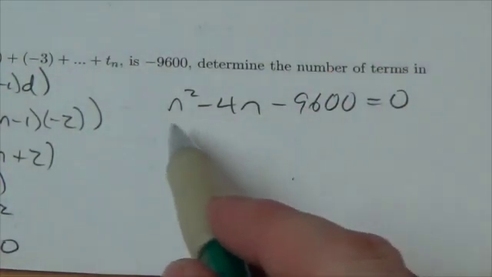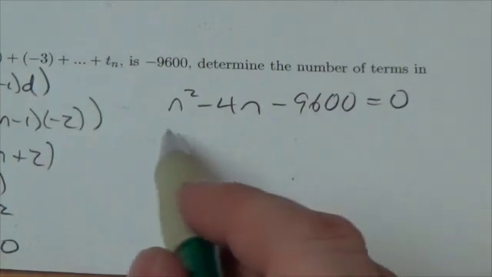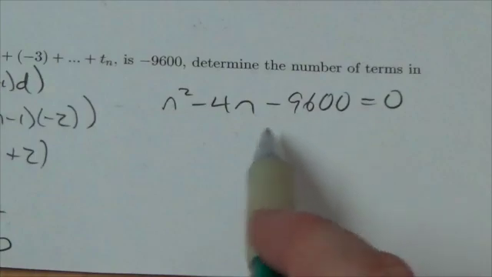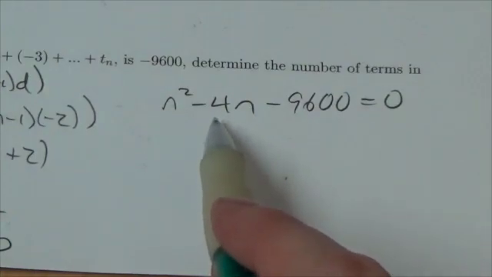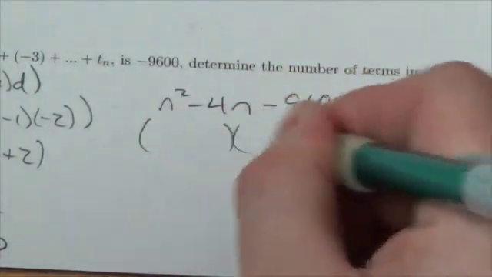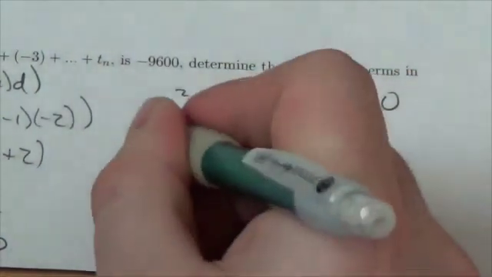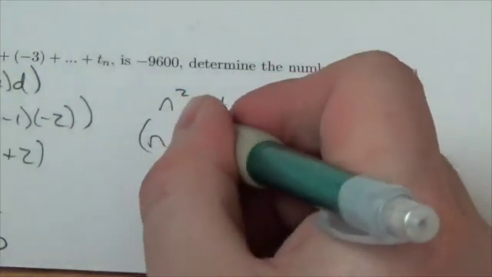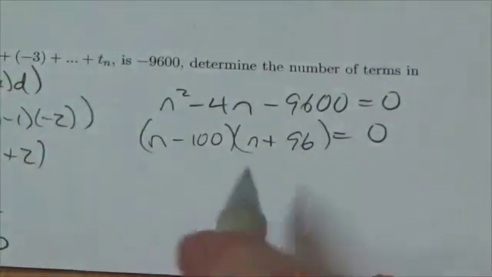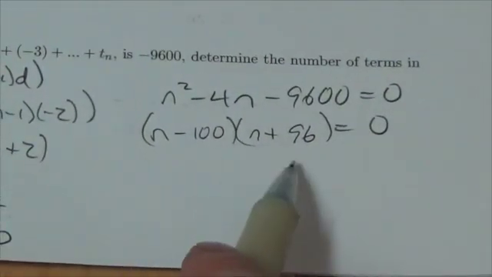Now, right off the top of my head, I don't know what factors of 9,600 are going to differ by 4. I suspect, oh shoot, it just occurred to me what they are. You can play with it a little bit and it does become obvious. This is going to end up being (n minus 100)(n plus 96).